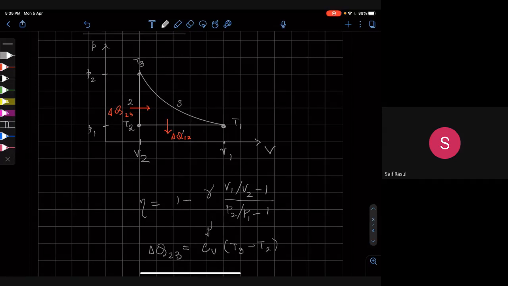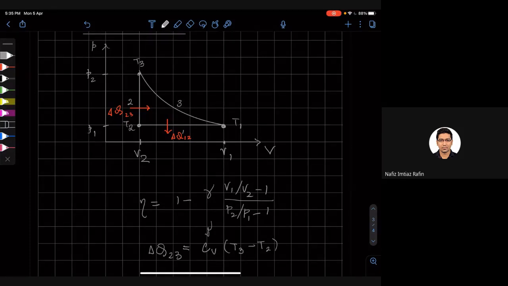Sir, I have a little question here. From process one, from T1 to T2, the volume is decreasing and our pressure is constant. As we know from the equation PV equals RT, our volume is directly proportional to temperature. So T2 is actually lower than T1, right? Yeah, exactly, T2 is lower.